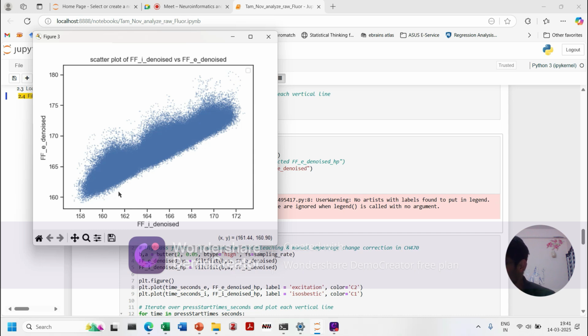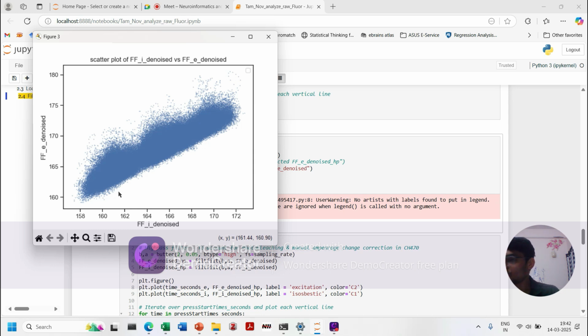But it may happen that the level of isosbestic readings that you get from the sensor is not the same as excitation. Basically the scales may be different, because you are shining lower intensity isosbestic light, and you can't always match that intensity of shining. So there are always some gaps.